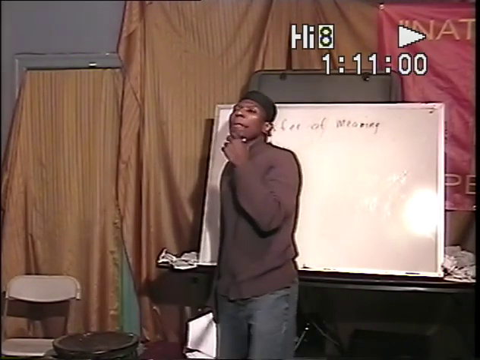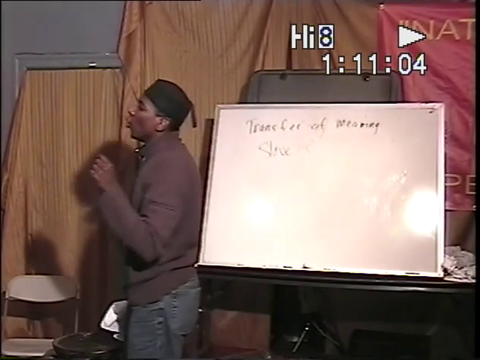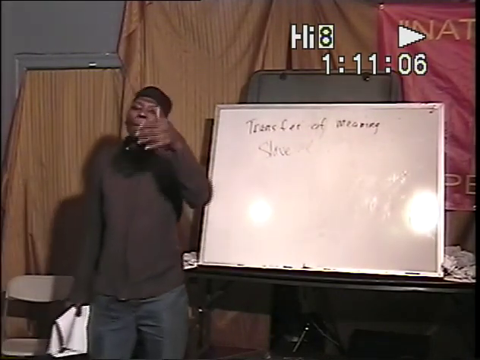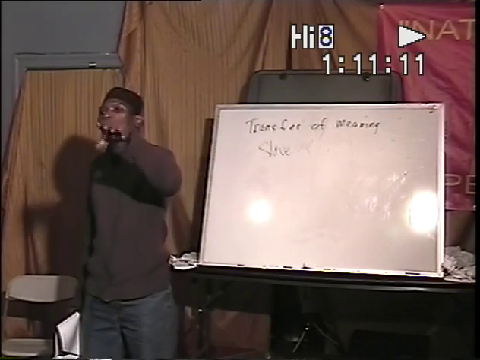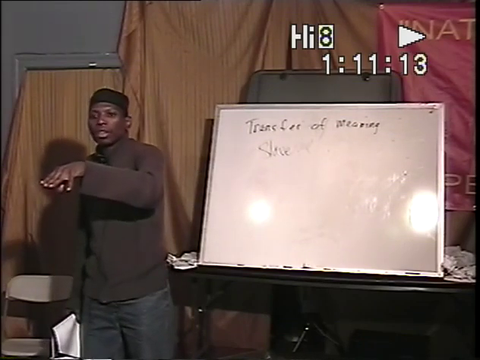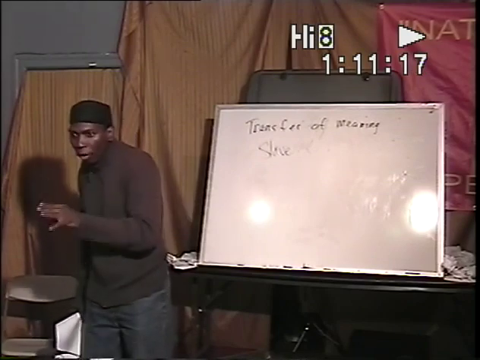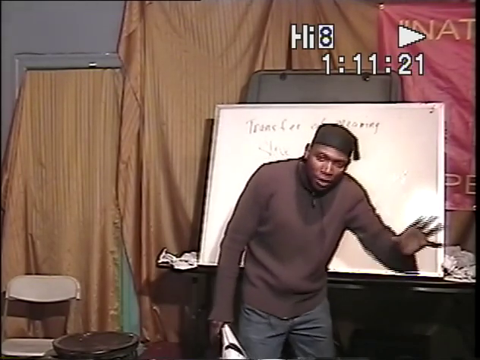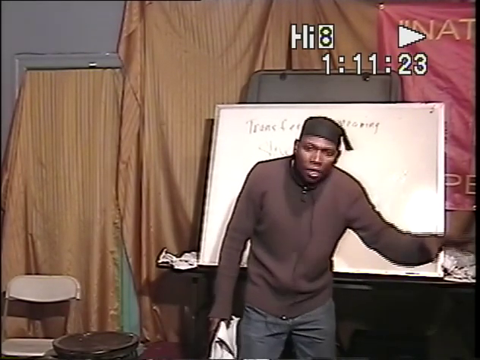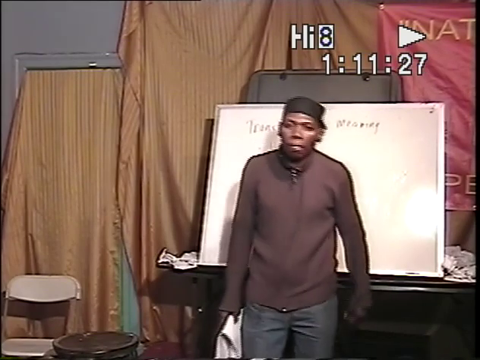I have never met any branded Moor who uses the political appellations or political tags: Negro, colored, black. I've never met a branded Moor with a slave name transacting business.